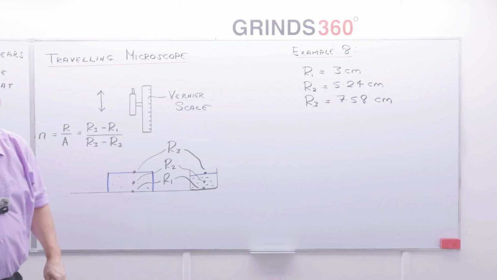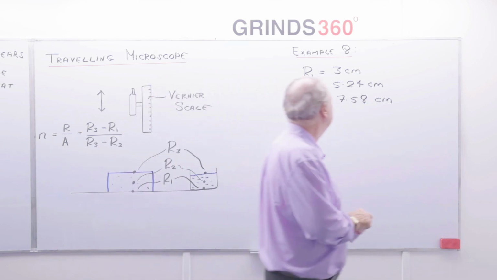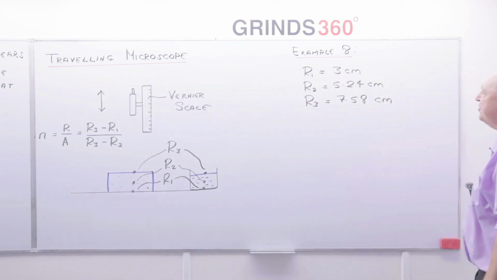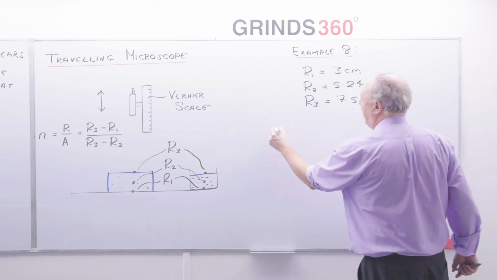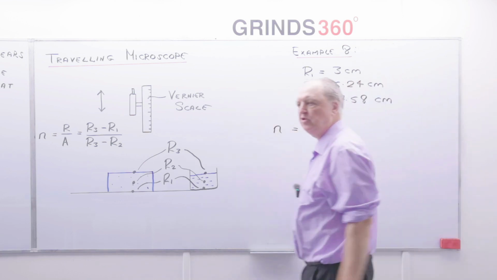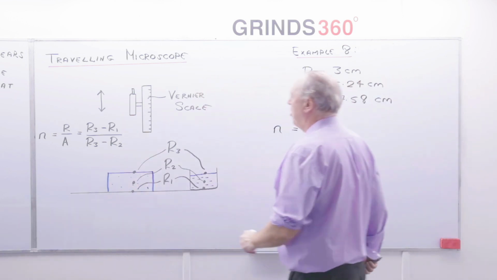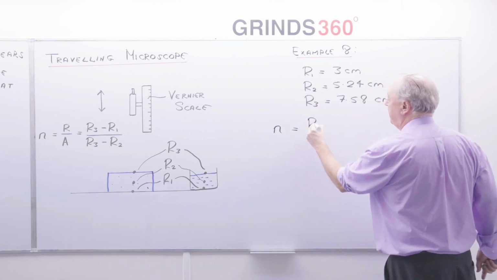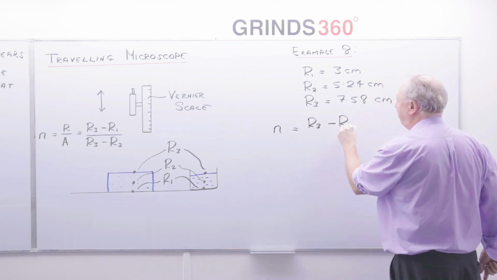Okay, so let me look at that in detail. I've taken down my readings for R1, R2, and R3. So the solution is now very simple. N is, using this formula over here, R3 minus R1. That's the top reading minus the bottom reading.